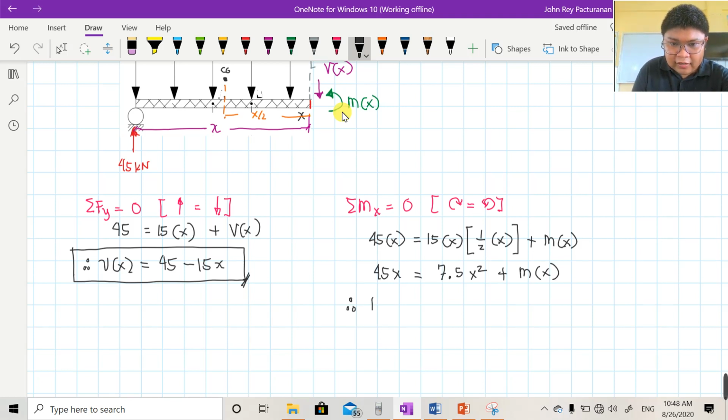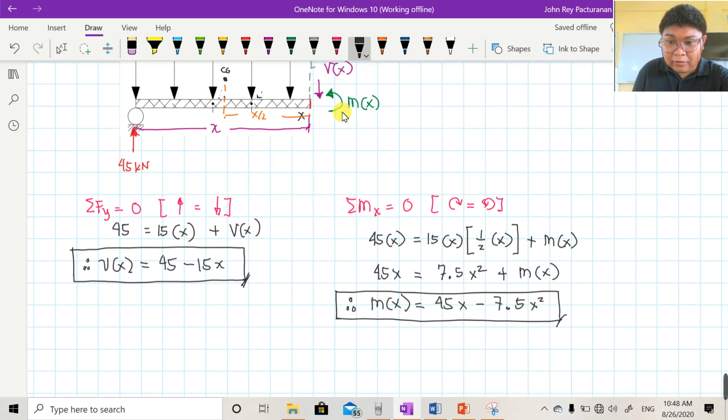Therefore, the moment at x is equal to 45x minus 7.5 x squared. Literally speaking, this is now the moment function of our beam. When I say moment function, it is a mathematical function that represents the shear and moment of the beam.